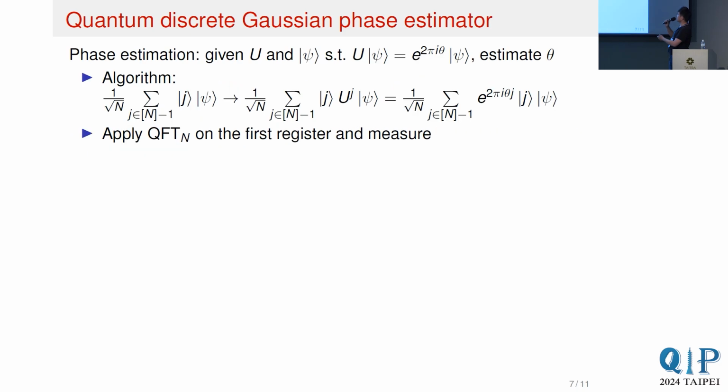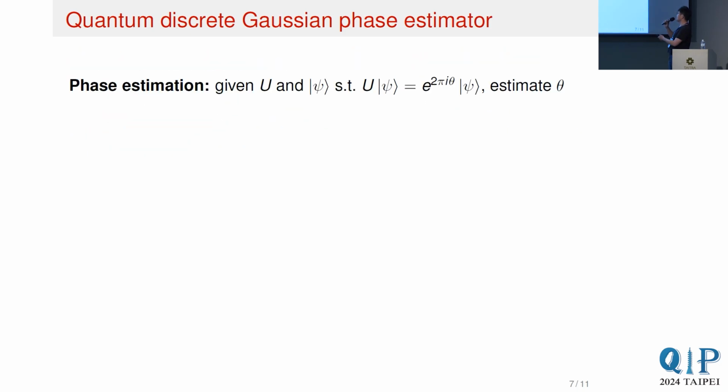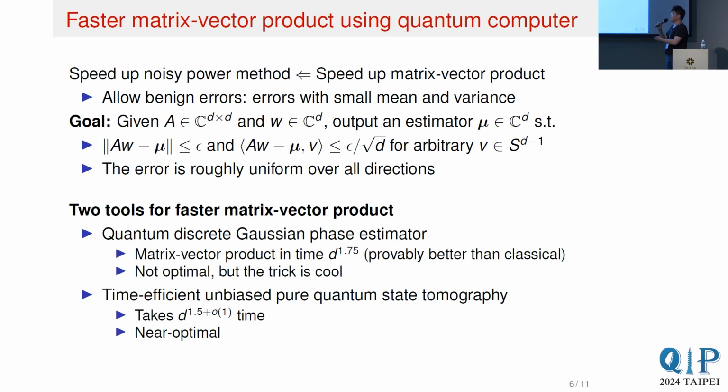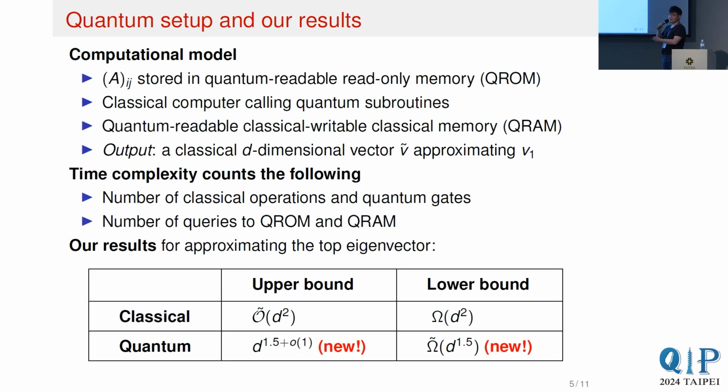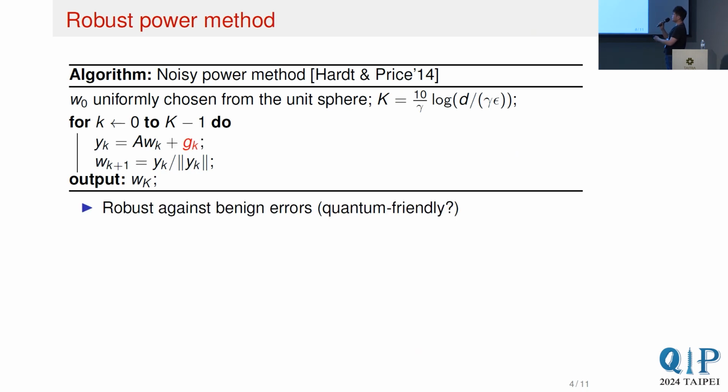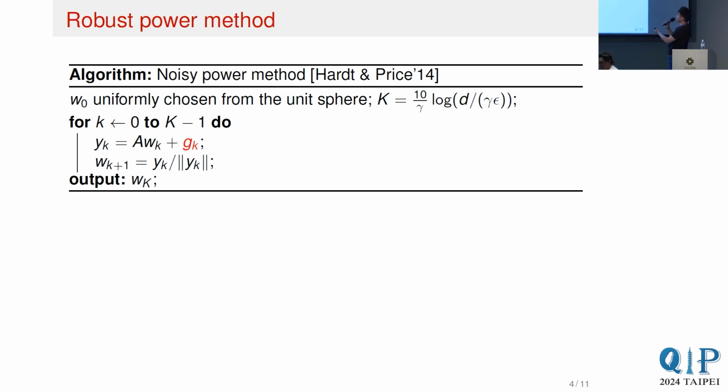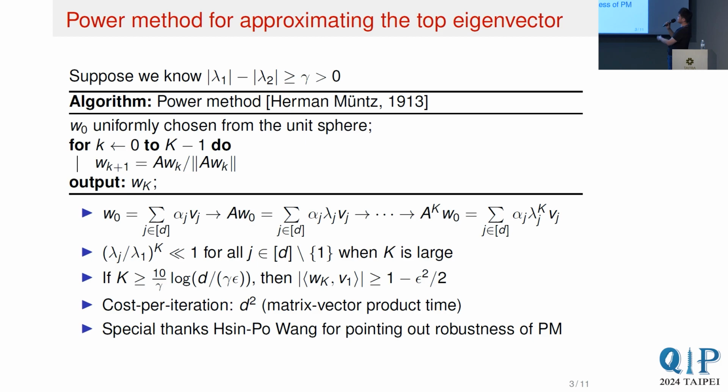Yeah, I think at the end, you don't really need to know the largest eigenvalue because the power method helps you learn the top eigenvector without learning the eigenvalue. So maybe just go to the power method. The only assumption you need is that there's a reasonable gap between the top and the second eigenvalue. Then by doing this, you will end up with a good approximation for the top eigenvector.